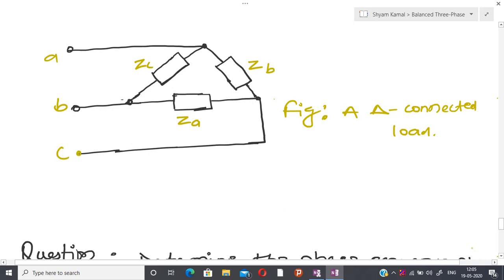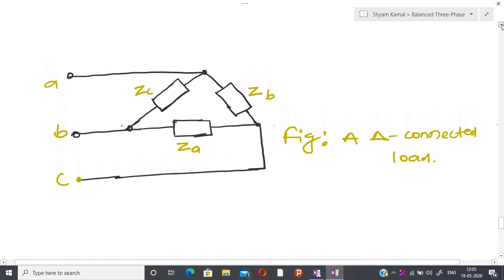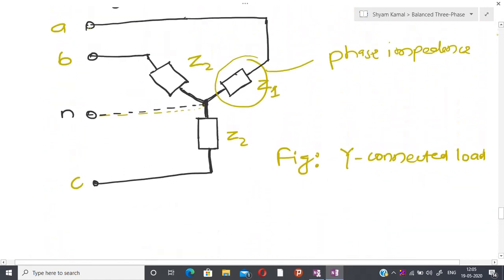Unbalanced load means, for the Y connected load, that either the phase impedances are not equal in magnitude or in phase. That is the meaning of unbalanced load. We will see the balanced as well as unbalanced load in the next part of this course.